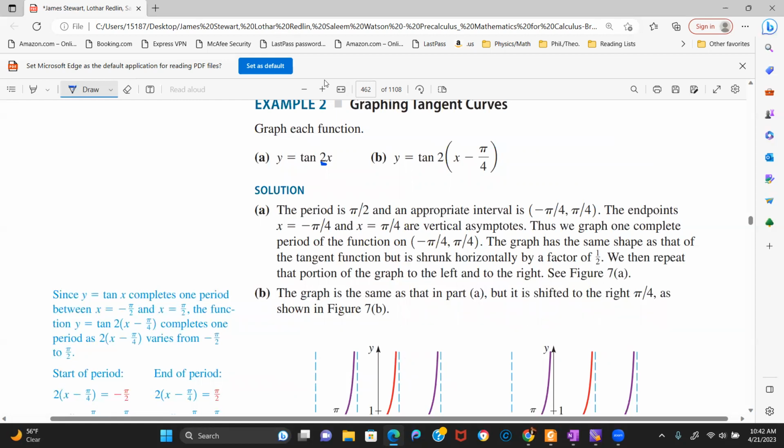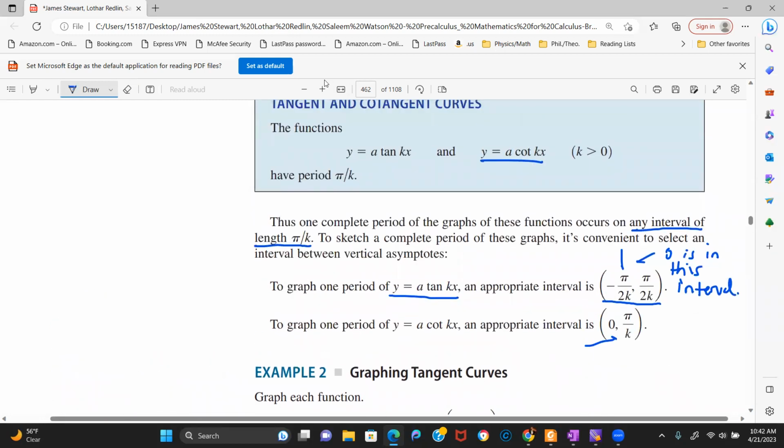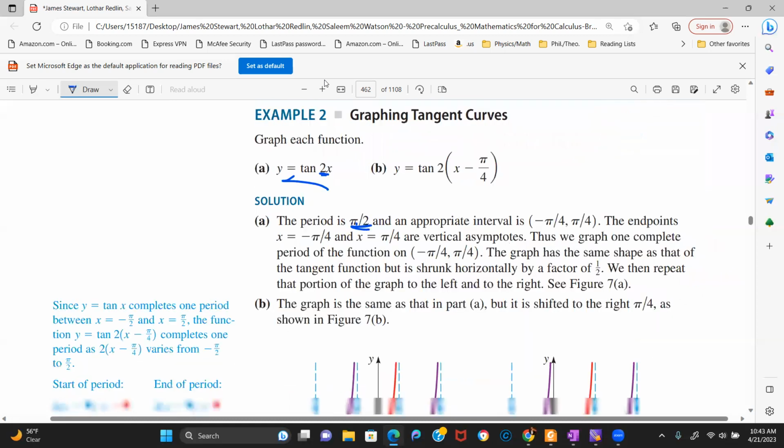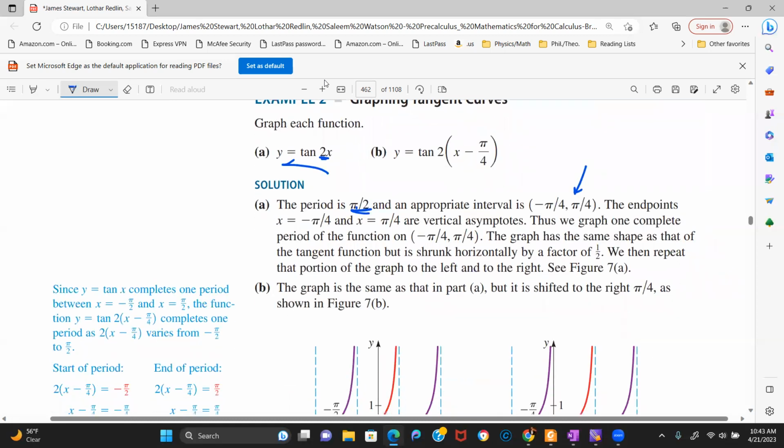The period is going to be pi divided by k, and k in this case is 2, so pi over 2. Using this formula, with k equal to 2, you get negative pi over 4 to pi over 4. The best way to graph this is over that interval.